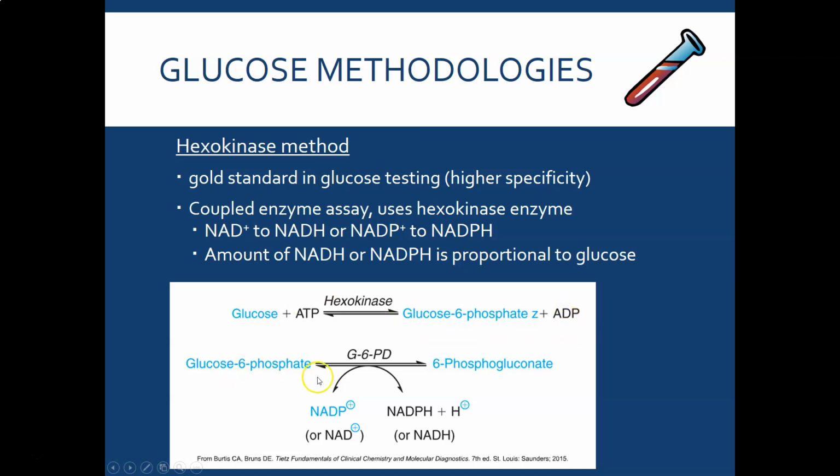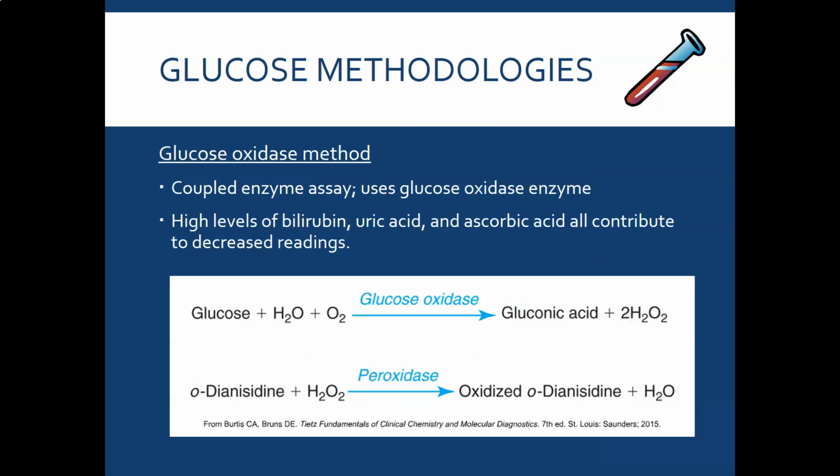Glucose 6-phosphate reacts then with G6PD dehydrogenase enzyme, and it will make 6-phosphogluconate. Using this reaction, the glucose 6-phosphate converts NADP or NAD to NADPH or NADH, and this production of NADPH or NADH is what is measured, and it will be proportional to the glucose concentration, and it causes a color change.